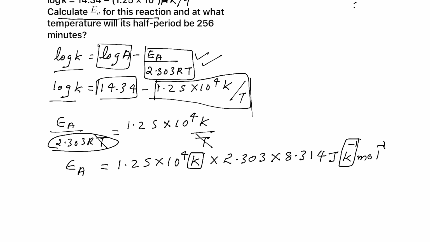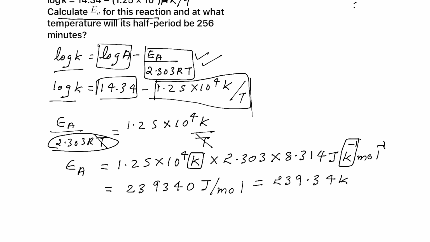Correct? It cancels off. Now we have to multiply all these things. On multiplying, you will get 239,340 joule per mole. Now, if you want the answer in kilojoule, divide this by 1000. So what is that?